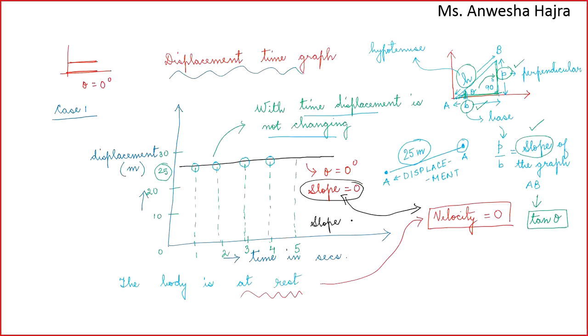A very, very important point. Slope of displacement time graph gives us velocity. Very, very important. Now, why is it so, children? Say this is displacement and this is time.